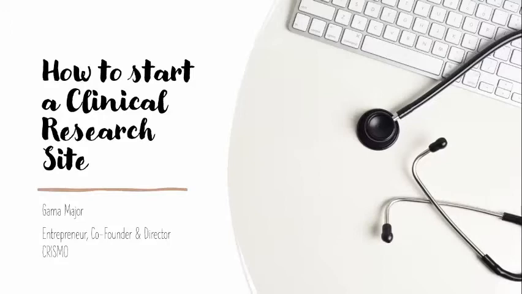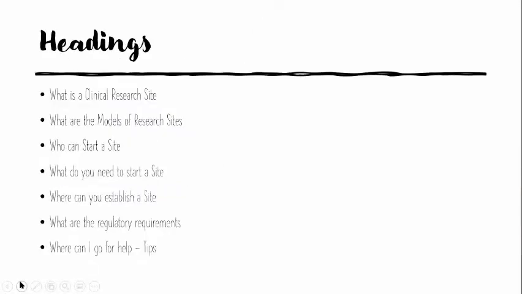So just to get on it, colleagues, I've prepared this presentation to talk through the following headings. What is a clinical research site? I'm sure some of you might be asking yourself, what are we talking about, and what are the models or the types of research sites that are there.